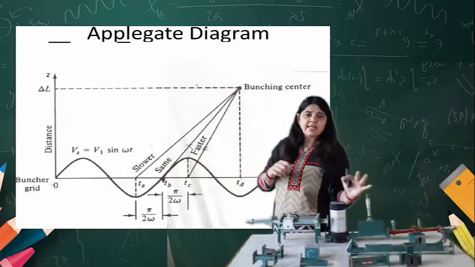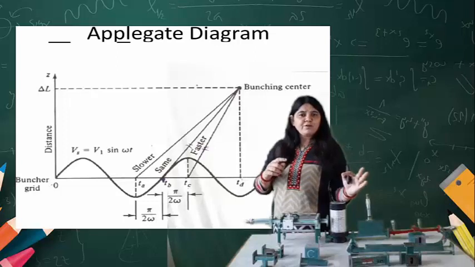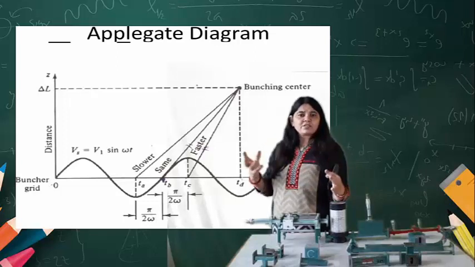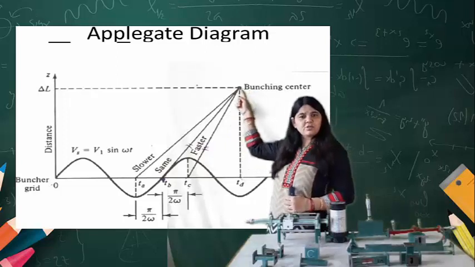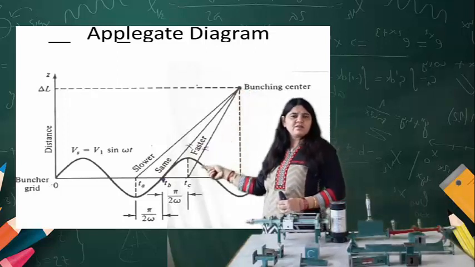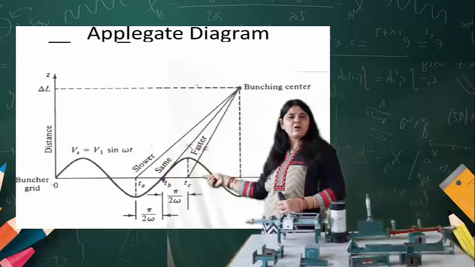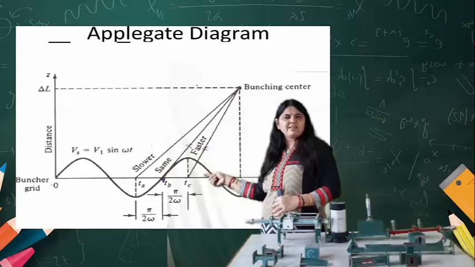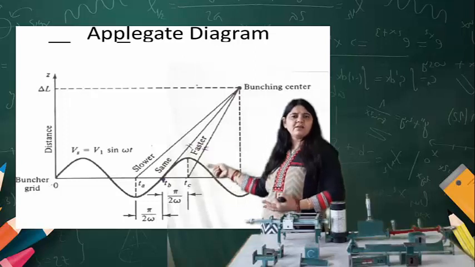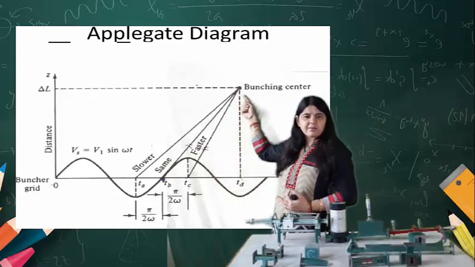If it has the higher velocity, then it may reach this particular point. The electron which goes later after some time but has the higher velocity reaches at the same time.